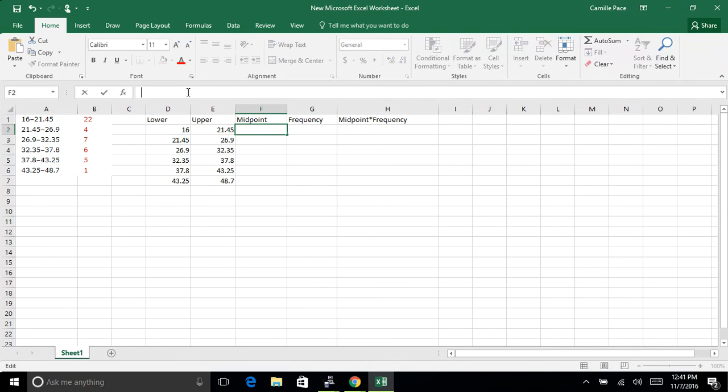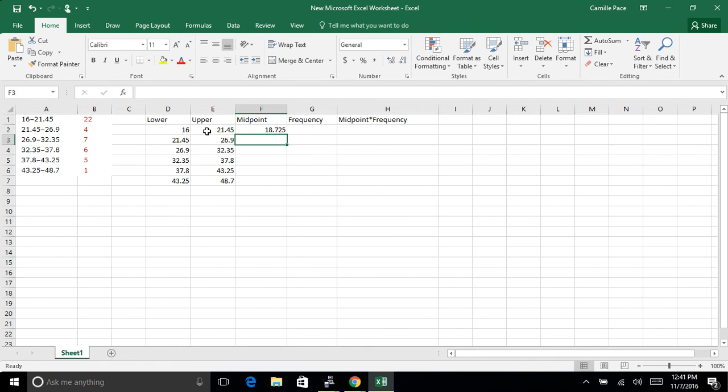To do that, let me show you what we're going to do. I'm going to do equals, and then open a parenthesis. So I do 16 plus 21.45, and then I close the parenthesis and divide by 2, okay?